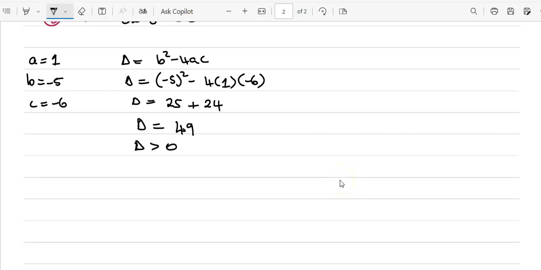So first thing, we can see that the 49 is positive, so it's greater than 0, and it's a perfect square. You need to understand what is a perfect square.